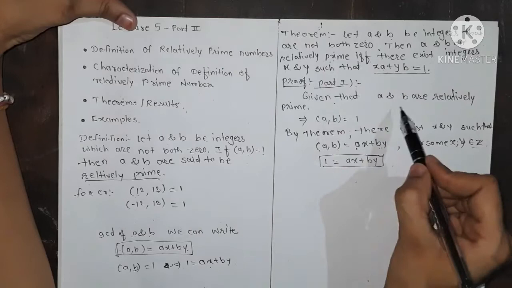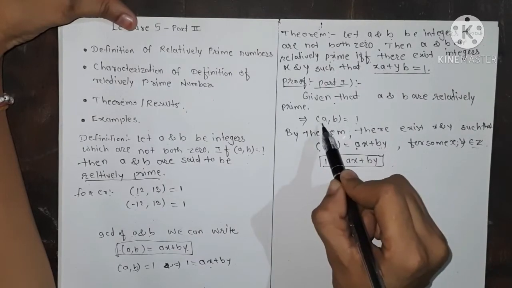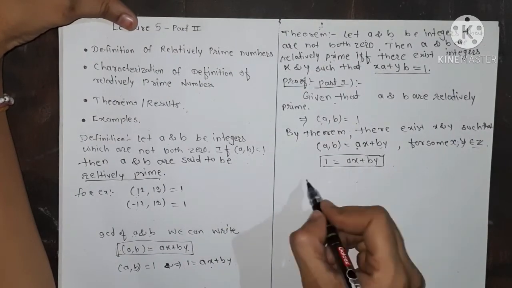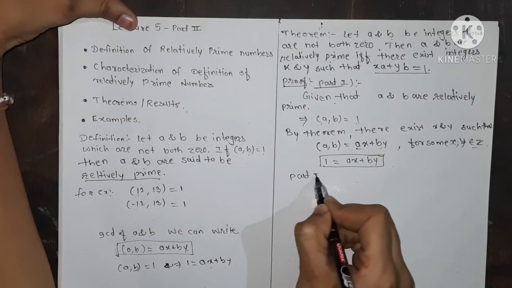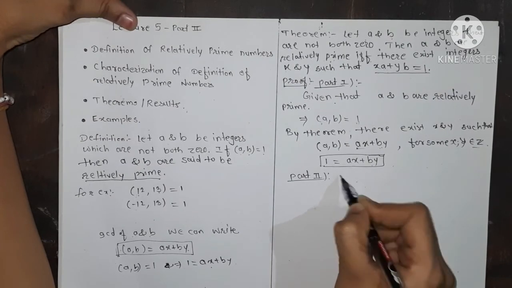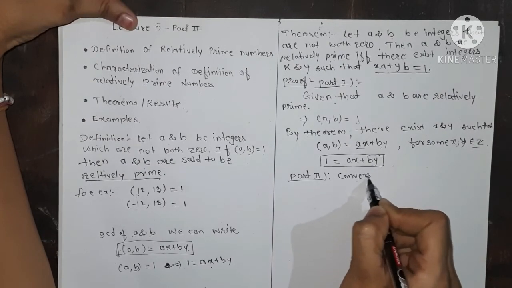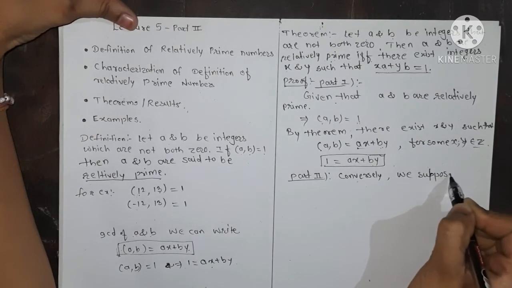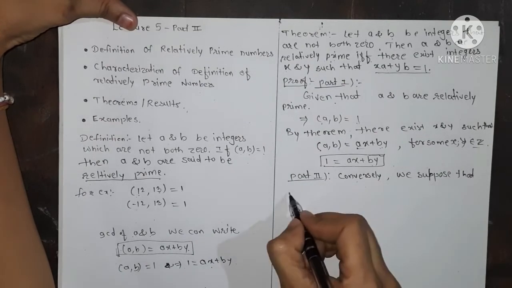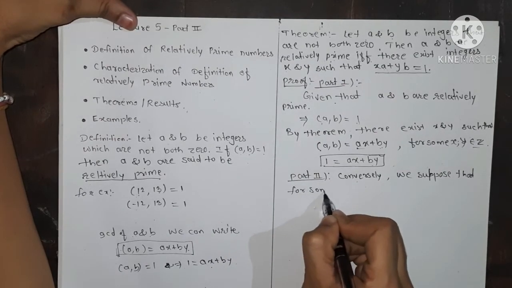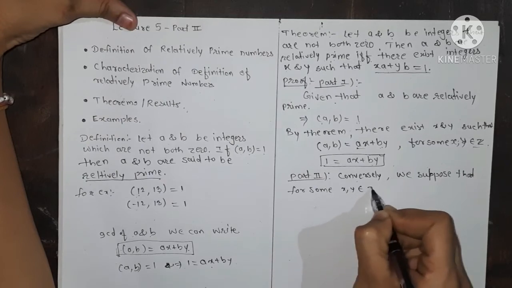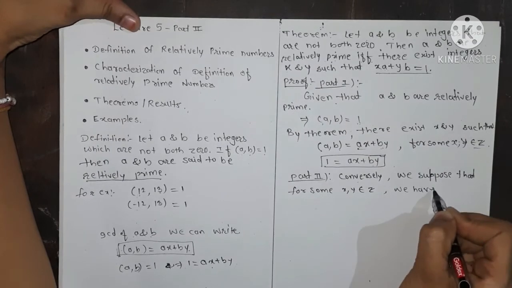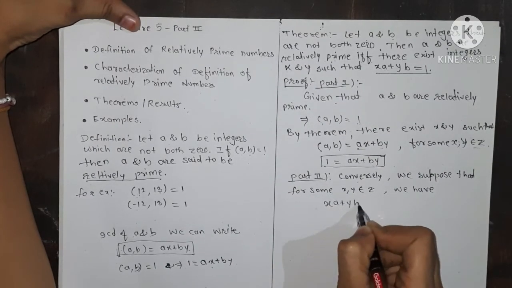Okay, so given that the GCD of a comma b is equal to 1, we have to prove this. Hence the first part is complete. Now in part 2, we take the converse. We suppose that for some x comma y belongs to Z, we have xa plus yb equals 1.